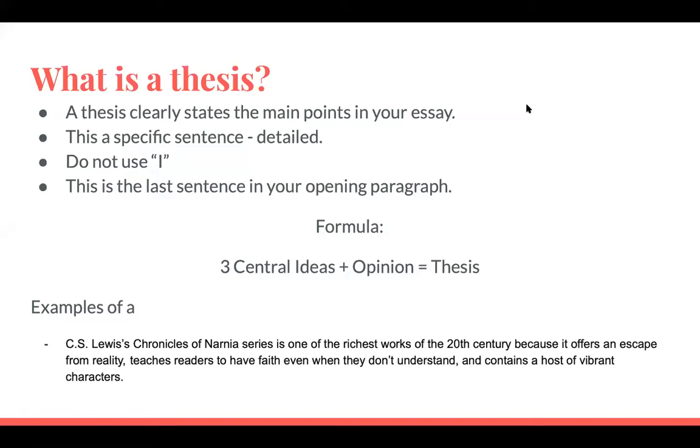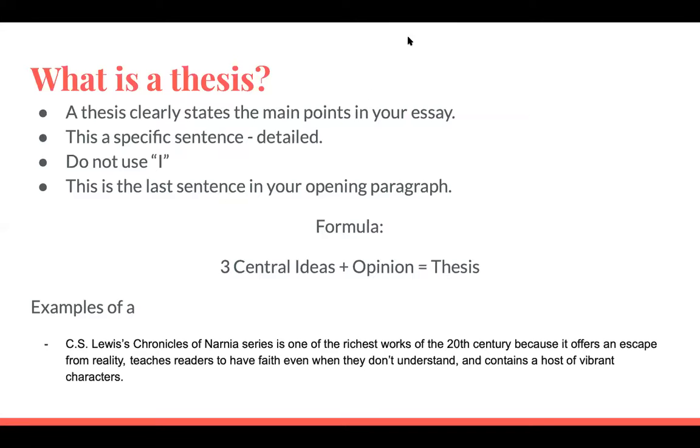Roman, what is his first central idea? His first central idea is that the Chronicles of Narnia is one of the richest works of the 20th century. Close. That's his opinion.